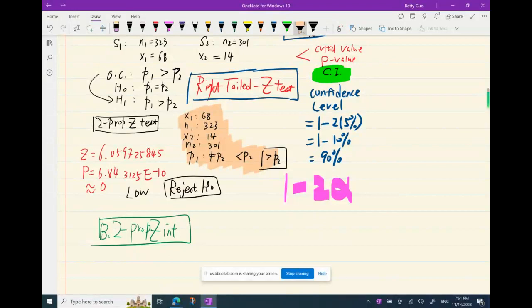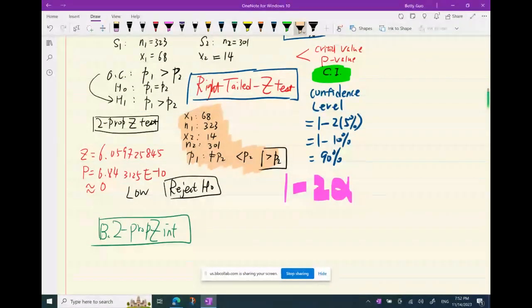Do you have that same thing? I have x1 68, n1 323, x2 14, n2 301. Yeah, they're already in place. You don't have to even repeat the entry, right? C level, confidence level is 0.9, and then calculate.